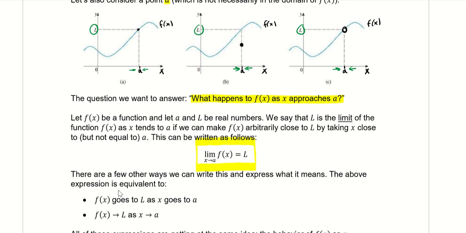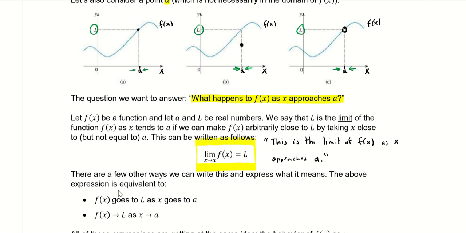I think the easiest way to understand what a limit is: what is happening to our function as the input gets closer and closer to a. Or another way to say this is, the limit of f of x as x approaches a.